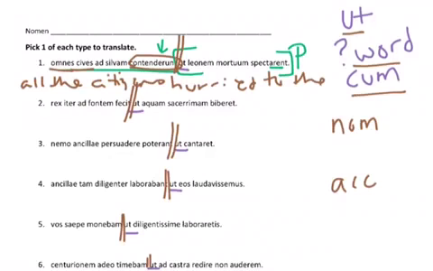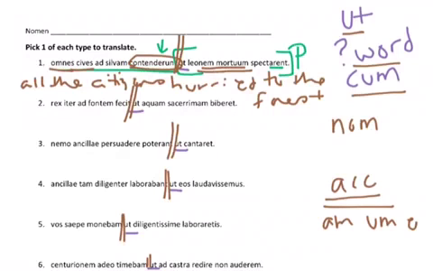To the forest. So a purpose clause tells me why. Ut. In order to. Leonem mortuum spectarent. Now, if you look at the em and the um on these words, you will see that they are accusative. You recognize an accusative by em, um, os, as, and you always translate them after the verb, okay?